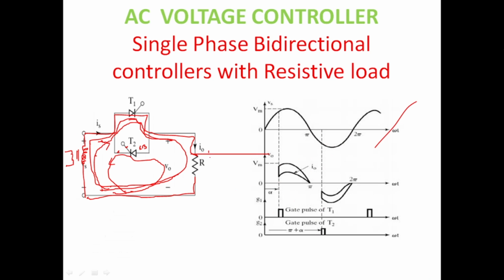If somebody asks you what the load voltage is, the load voltage is the same as my input voltage. That's the reason the load is receiving the voltage in this way.